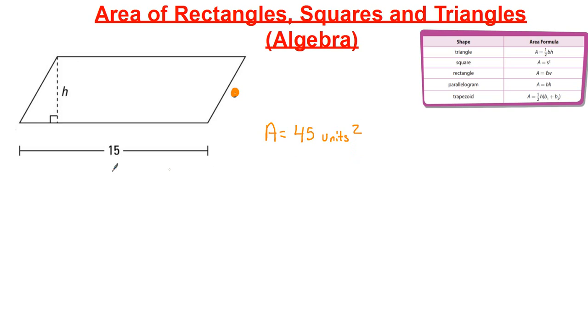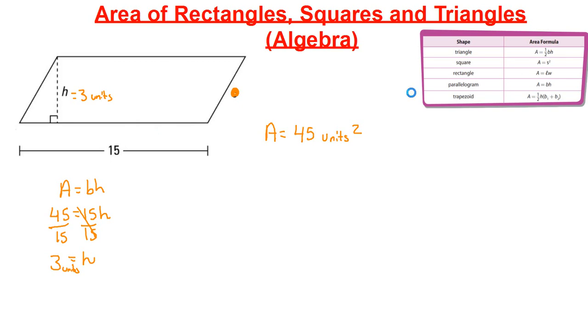So let's fill out the information. Area is equal to base times height. We know that the area is 45 units squared and the base is 15. We just don't know the height. So we're going to divide by 15 here and divide by 15 here. So h is going to be equal to 3 units.